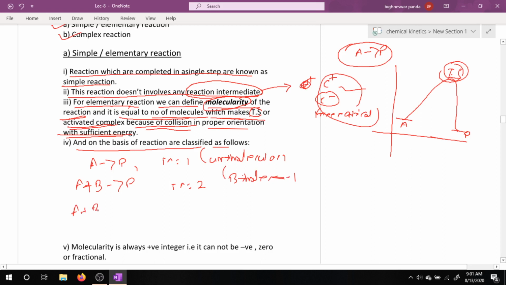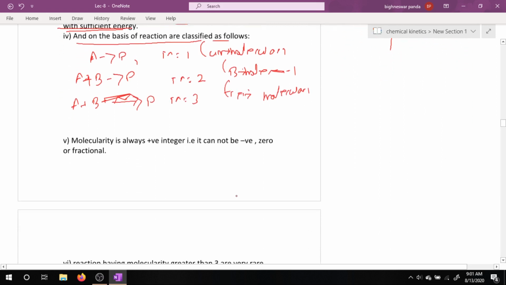If A plus B plus C gives product, molecularity is 3, termolecular reaction. Molecularity is always a positive integer, it cannot be negative, 0 or fraction, like order.